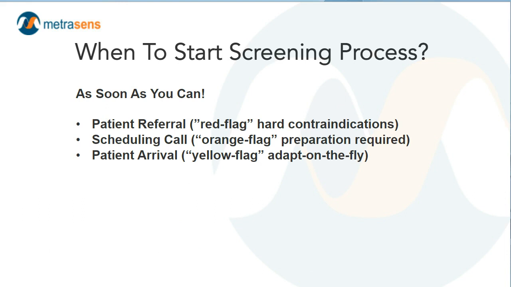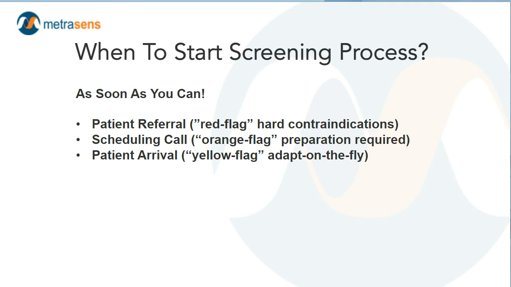I would encourage you to look at ways that you can engage your referring physicians, not to fill out the entire screening form, but to identify a handful of red flag questions, hard contraindications, things like aneurysm clip, neurostimulation device, cardiac device like a pacemaker or an ICD.